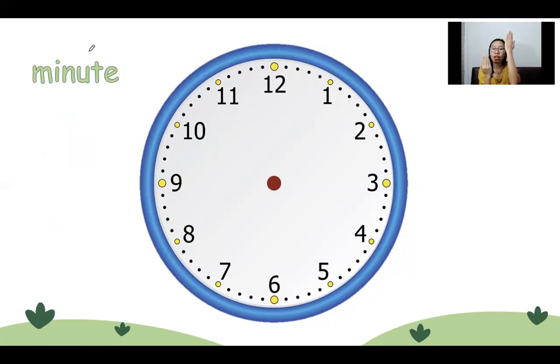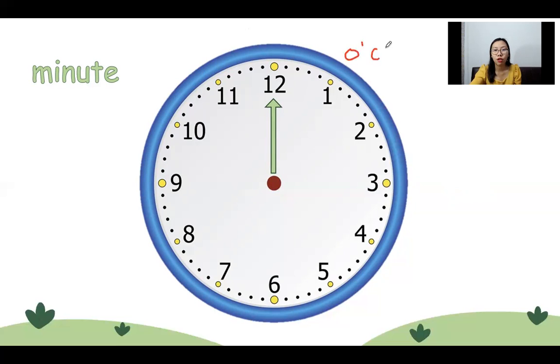Okay, now earlier was the short hand. Right now, we will talk about the long hand. The long hand says the minute. So when the long hand points at 12, we call it o'clock.